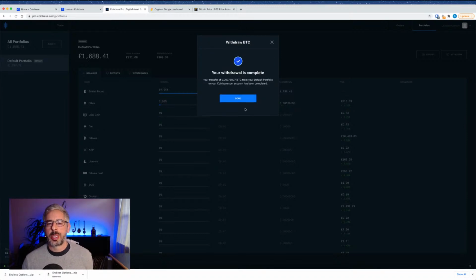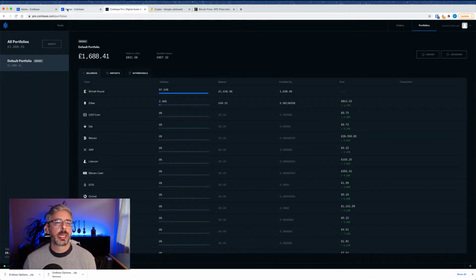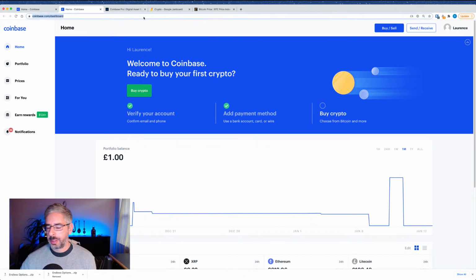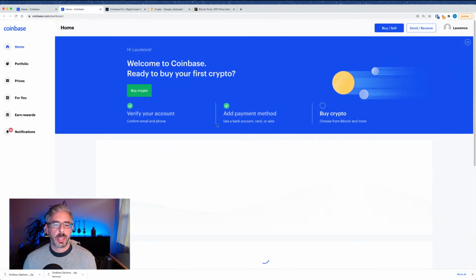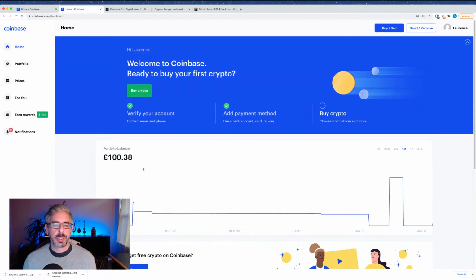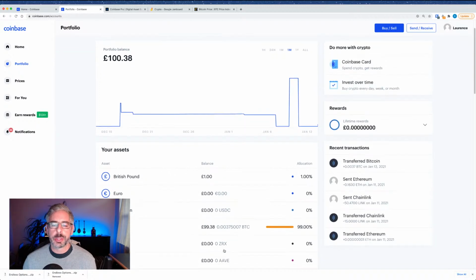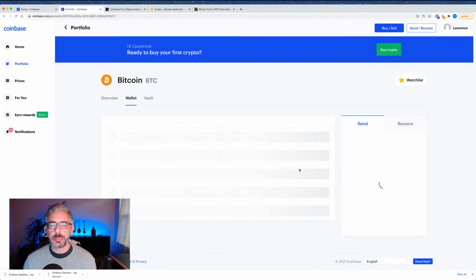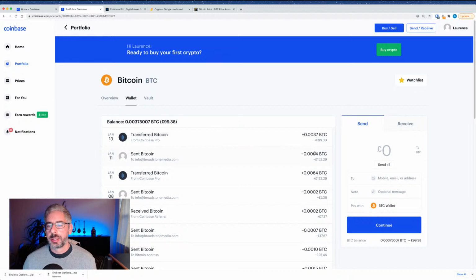Very simple, done. And if we look now in our portfolio, we have now £100 and 38p. So our portfolio will show us the Bitcoin that we just transferred right here. Simple. There is our 0.0037 Bitcoin that we just sent, less the fee that we used to the trade.